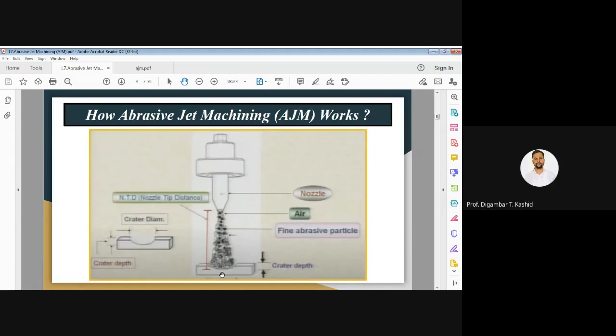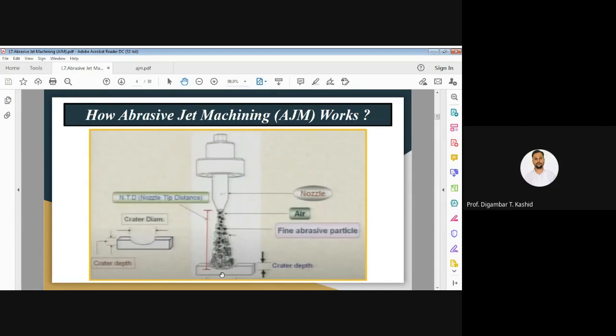Now again the question: how does this erosion action take place? The kinetic energy of abrasive particles is converted into force, and it erodes the metal. The kinetic energy of particles is given by one half m v square, where m is the mass of an individual particle and v is the velocity with which it hits your workpiece.